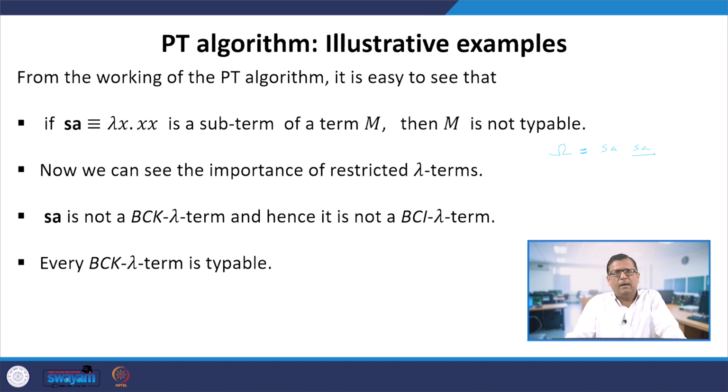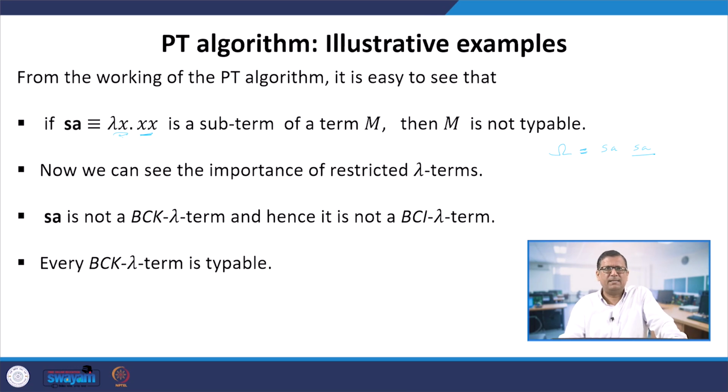Now, we can easily appreciate the importance of restricted lambda terms. Recall that in the previous lectures we studied restricted lambda terms like the λI term, the BCK lambda term, and the BCI lambda term. Now, we see that in SA the parameter x is occurring 2 times, but BCK says it is at most 1.